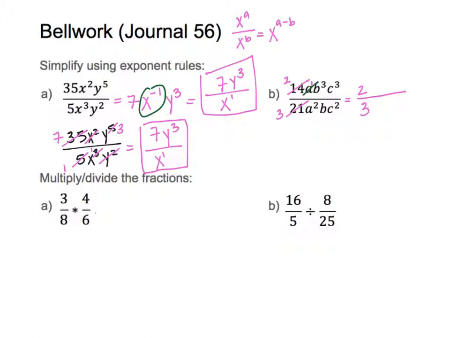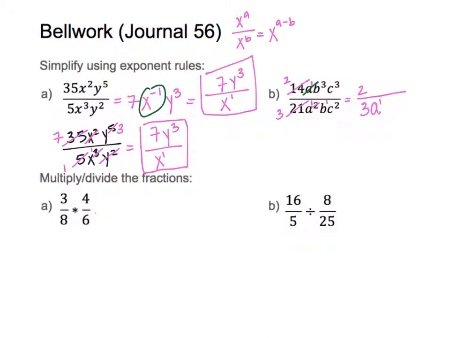If I subtract 1 from this 2, 2 minus 1 gives me just 1. So instead of a squared now, I just have a to the first power in the denominator. Now I'm going to take a look at the b's here. So this is b to the third power and b in the denominator, or b to the first power.